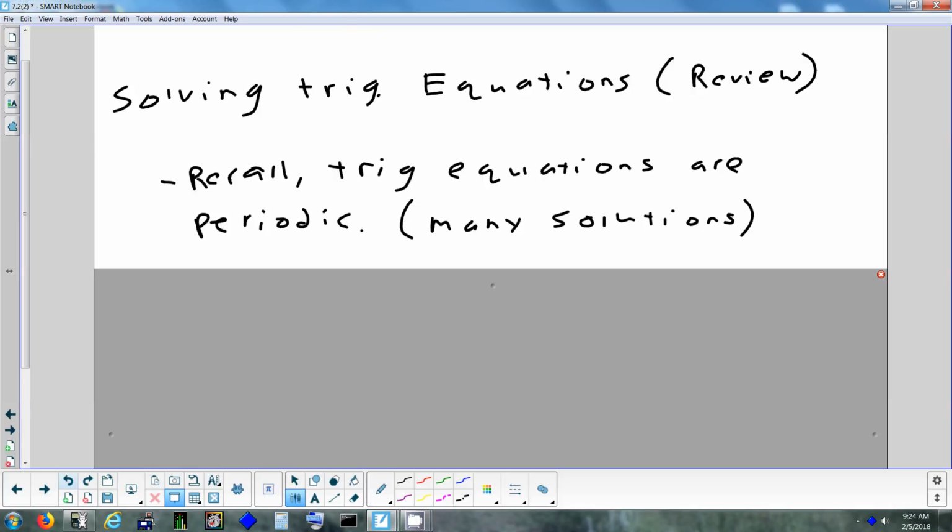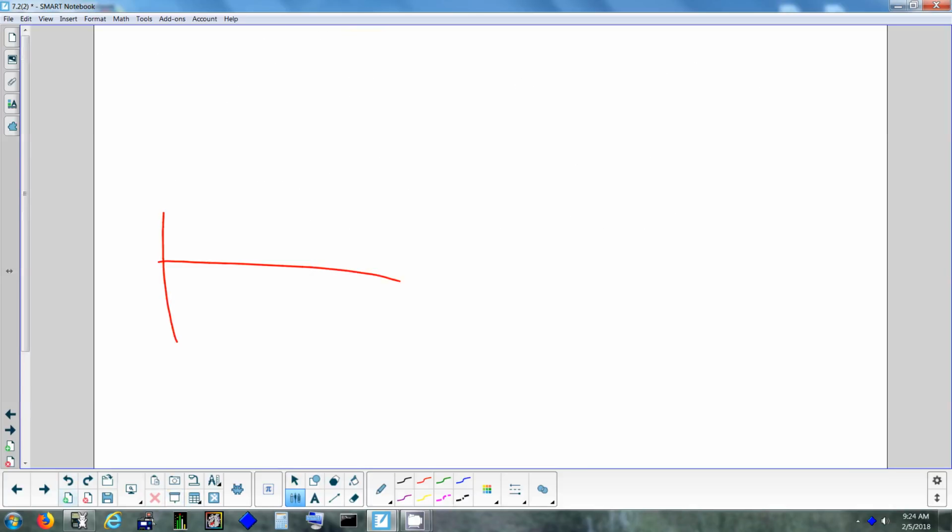Now, does anybody remember how often you get a solution? So if I draw this a little nicer, and then I want to know where that hits, say, 0.5. Well, if that's 1, 0.5 is about right there. So it's going to hit here, here, and then again, here, and here.